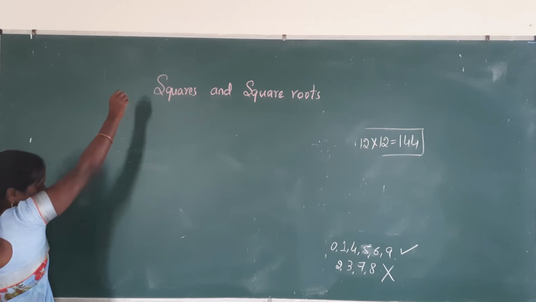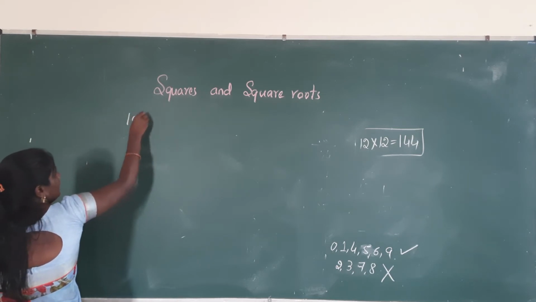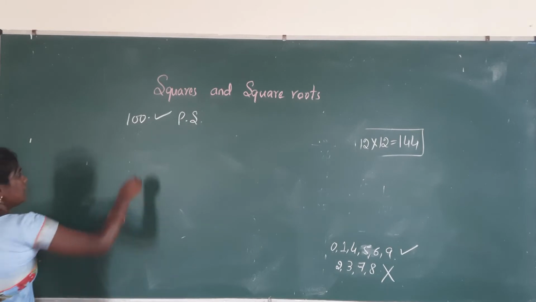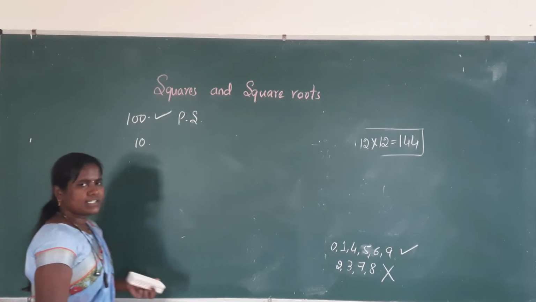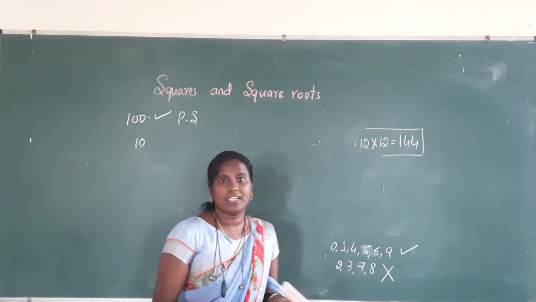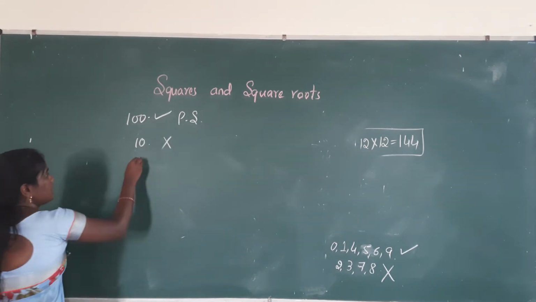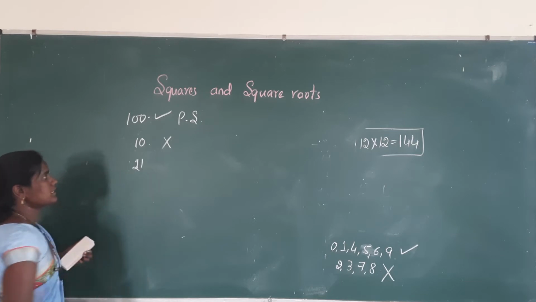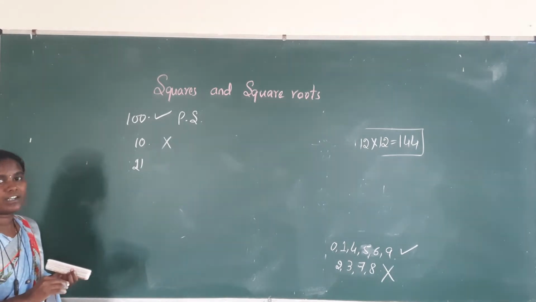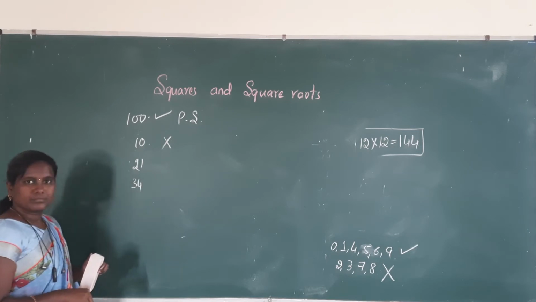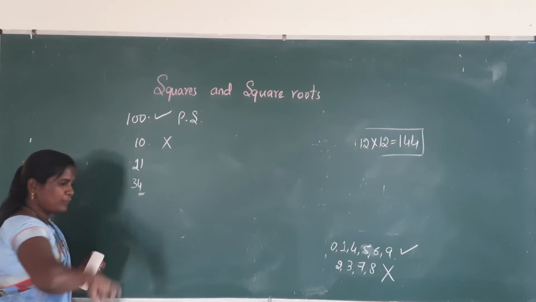You have taken 100. 100 is a perfect square, right? And take only 10. Is 10 a perfect square? It is not. Then 11 or 21. Is 21 a perfect square? No. Then 4 is there, and take 24, the number ending with 4.